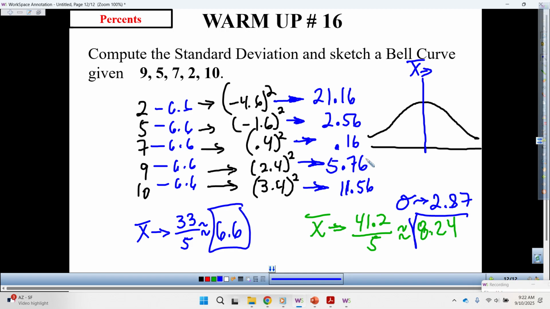It was 6.6. So that means if we deviate from it one standard deviation up, we need to add to 6.6 the what? 2.87. So that gives us 9.57. Is that correct?